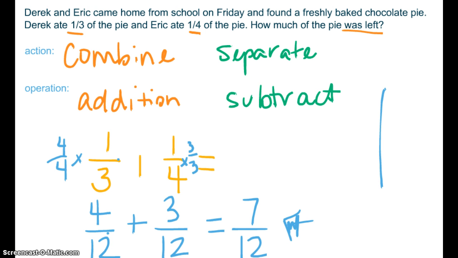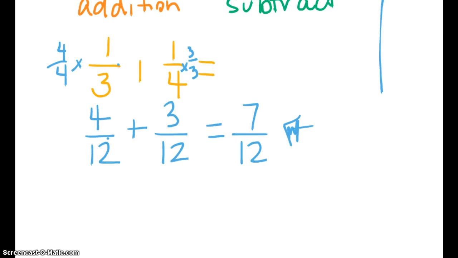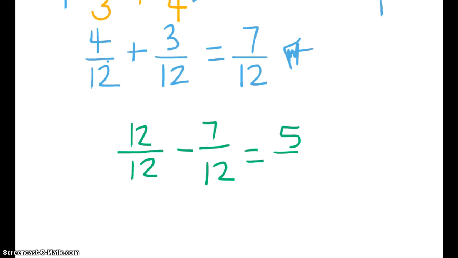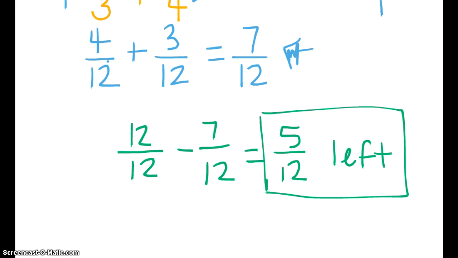But the question says how much of the pie was left. So if they ate 7/12, we have to subtract that out from the whole pie. Well, how many 12ths is one whole? 12 12ths. So if we take 12 12ths and we subtract out 7/12, we get 5/12 of the pie was left.